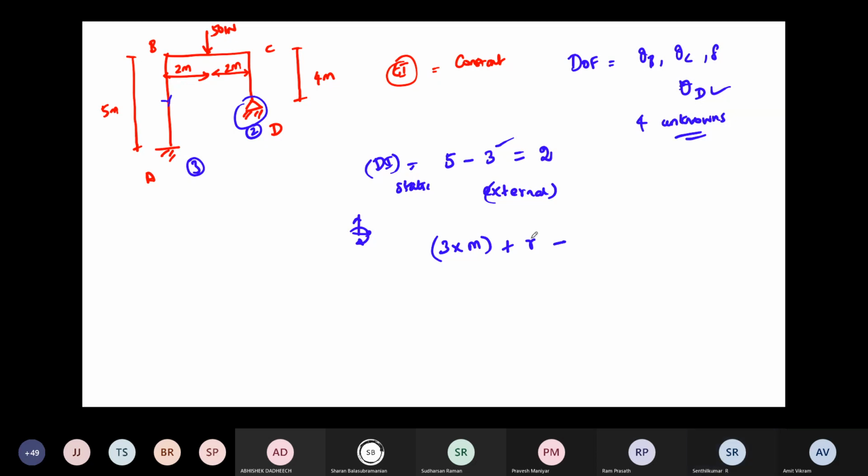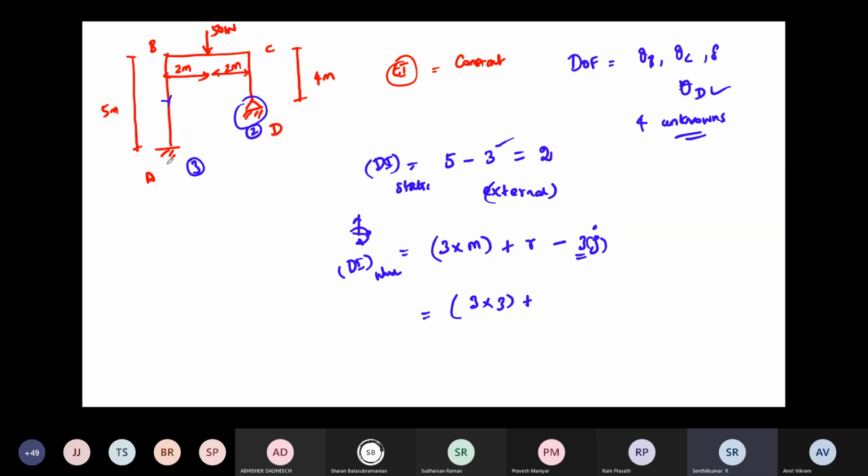Then in each joint, I can have 3 equilibrium equations: sigma m equal to 0, sigma h equal to 0, sigma v equal to 0. So this is your degree of indeterminacy for the whole frame. How many members are there? 1, 2, 3, so 9.